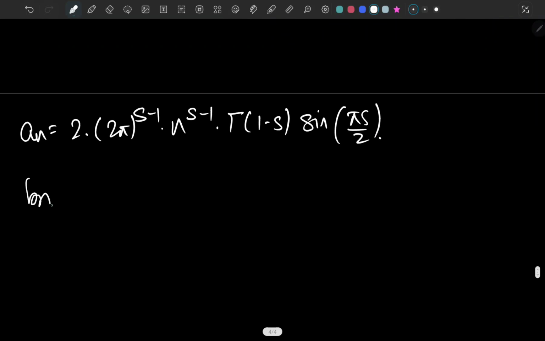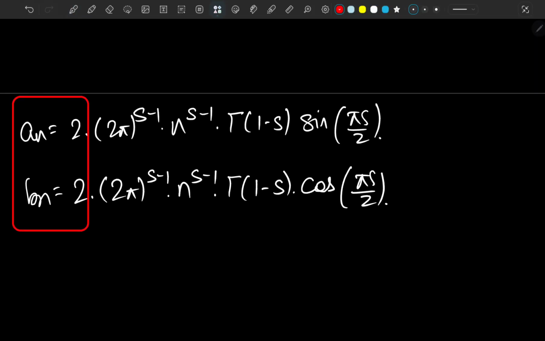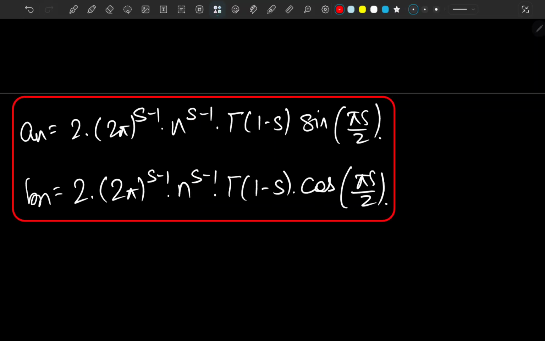And b sub n comes out to be 2 times (2 pi) to the s minus 1, n to the s minus 1, gamma of 1 minus s, cosine of pi s over 2. So those are the results we have so far.